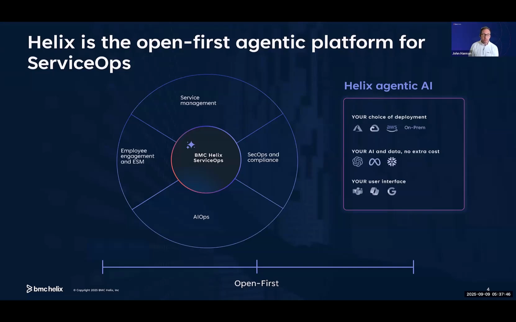Plus, because it's a containerized platform, it's your choice of deployment. Use GCP or AWS to maximize your credits, manage on-prem and hybrid with ease. It improves efficiency and lowers costs, allowing you to bring your own AI, which means you can use any discounts or company strategies you already have in place. Maximizing value from your cloud and AI investments is key, and BMC Helix makes it easy with a bring your own AI and bring your own data approach.